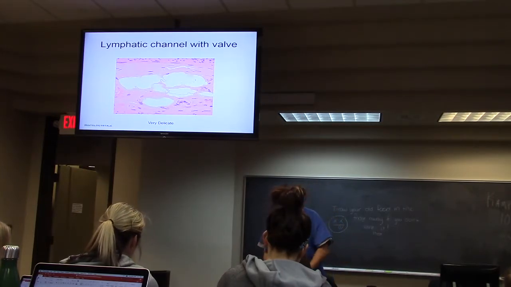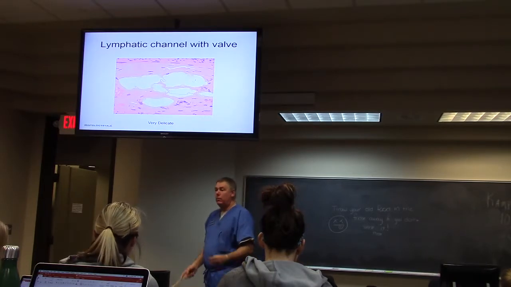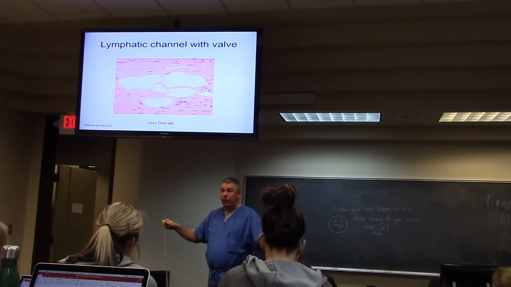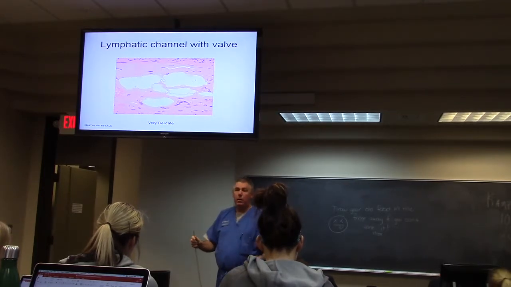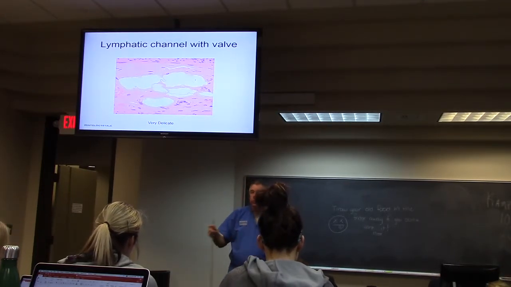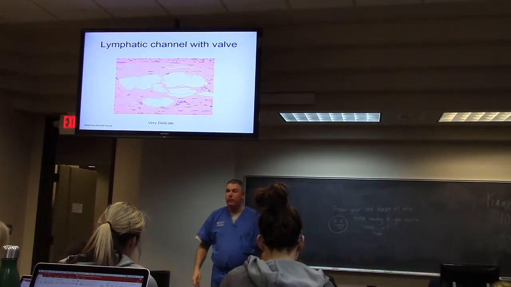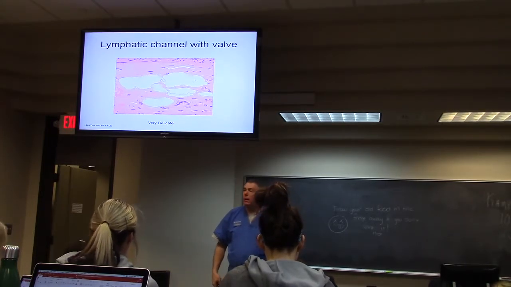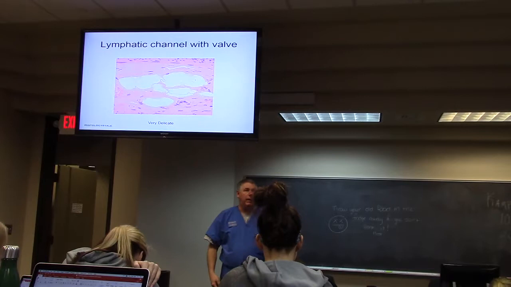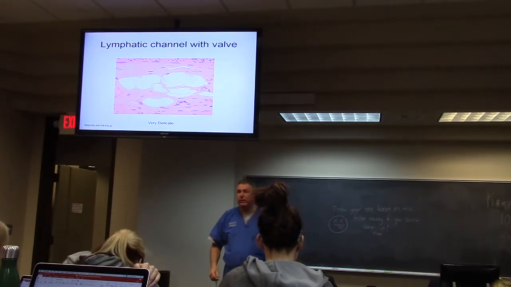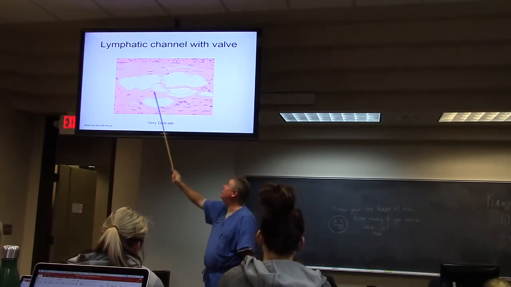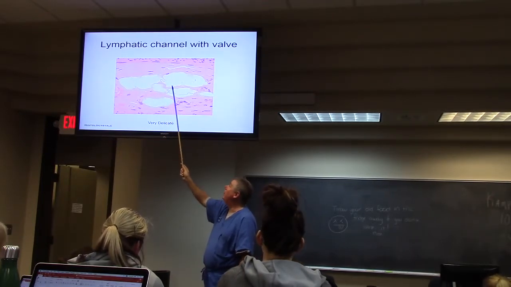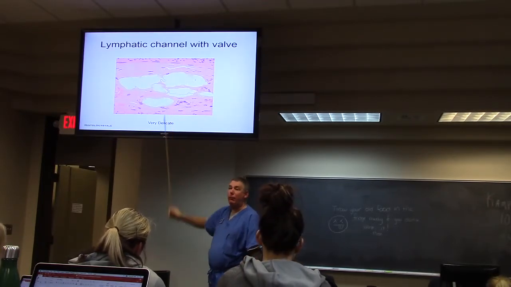Versus lymphatic channels, which are nothing more than channels lined by an endothelium. They have no wall structure really at all. They do have, like the veins in the limbs especially, valves, and this wispy stuff right here represents a lymphatic valve.